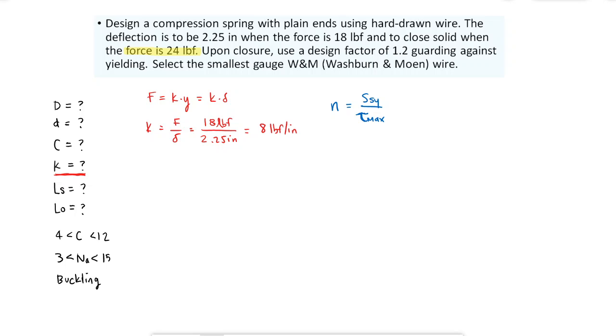So I can write tau max times the design factor equal to my shearing yield strength. To find the shearing yield strength, it depends on the ultimate strength, and that ultimate strength depends on the diameter. So I'm going to write this equation in terms of the variables that I have for this problem.